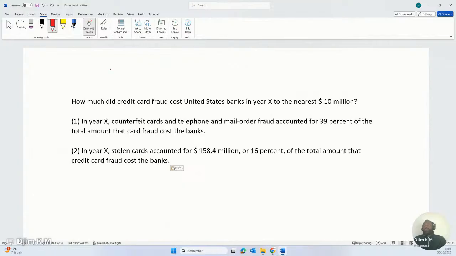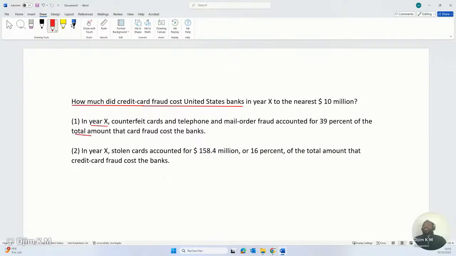So we are looking for the exact amount, how much the credit card fraud cost United States banks. But here it's telling us that counterfeit cards, telephone, mail order fraud accounted for 39% of the total amount that card fraud cost banks.